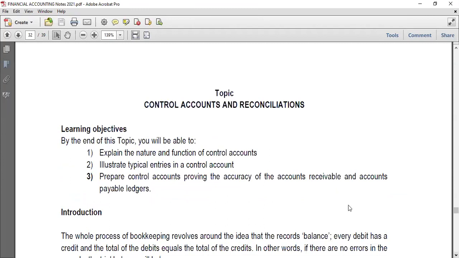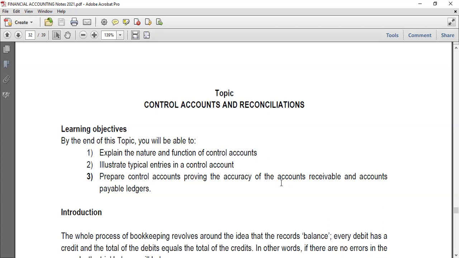Control accounts and reconciliations is one of the topics on our syllabus. Once we learn it, we will be in a better position to attempt questions from the perspective of single entry, okay?